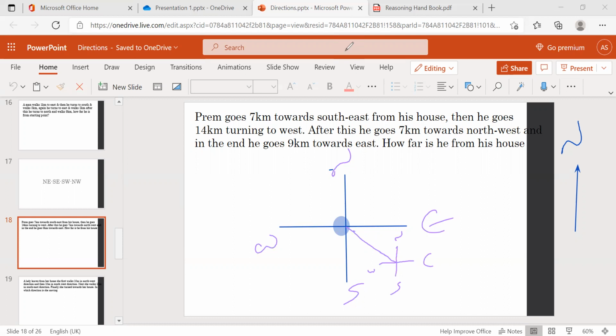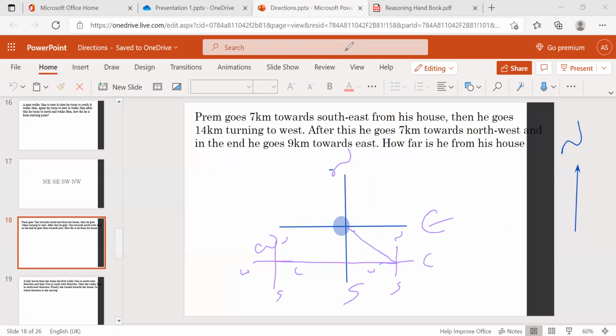From this point, he goes 14 kilometers turning to west like this. Then after this, he goes 7 kilometers toward northwest. Where is the northwest? Suppose this is north and this is west, east, south.